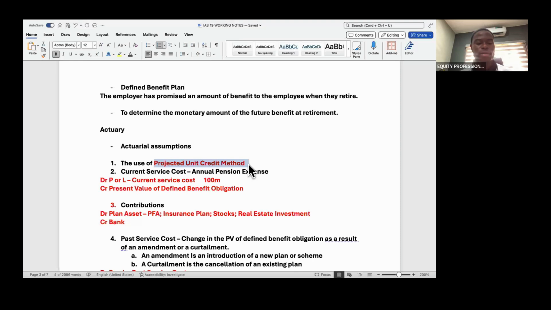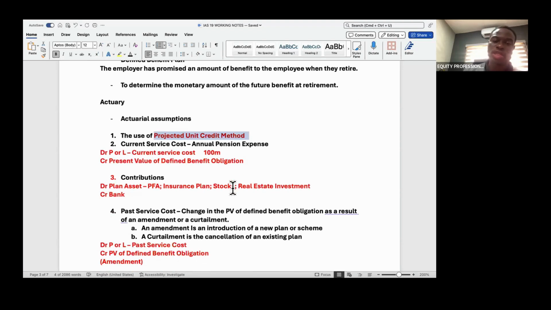That's why these things are mostly done every year. Not necessarily year on year, but some organizations engage an actuary every year to give them these reports.